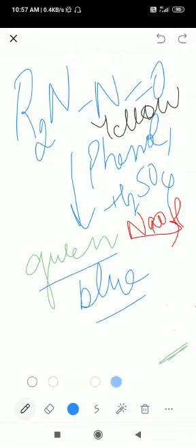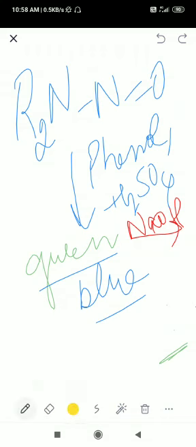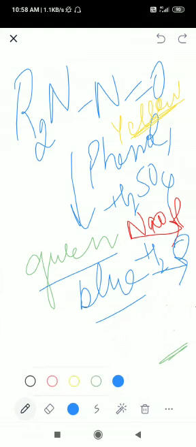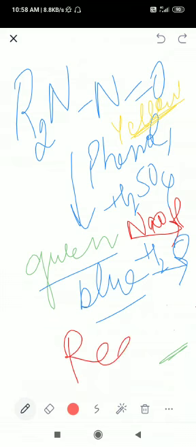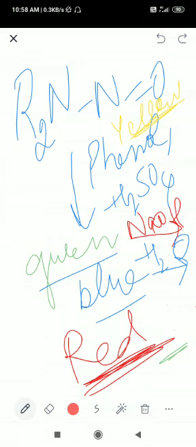I'm writing the colors as well for your clarity, because you have to remember these colors. These are asked in competitive examinations. So this is of the yellow color. When we add phenol and concentrated H2SO4, it will change into green color. When we add alkali, it will change into blue color. But when we add water to it, it will change into red color. This final red color will tell us that the amine we used was a 2-degree amine only.